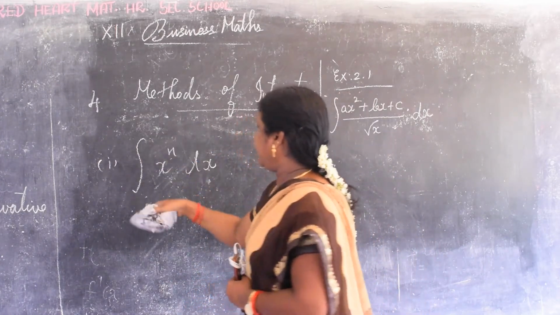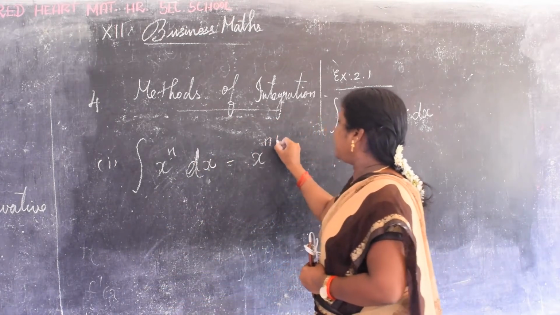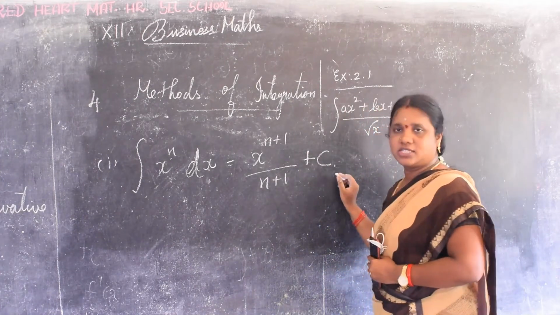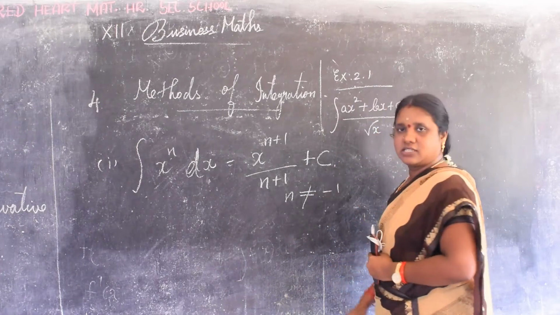Integral x power n dx is equal to x power n plus 1 by n plus 1 plus c. C is constant here. Here n should not equal minus 1.